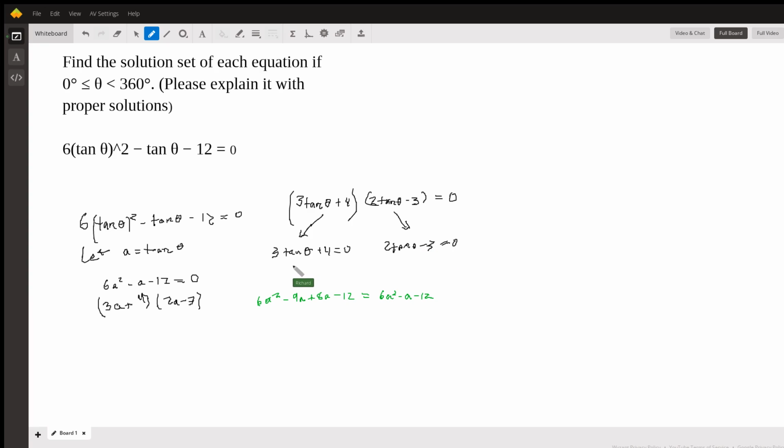And now we'll solve. This is going to give you the tangent of theta equals negative 4/3, and the other tangent of theta is going to give you 3/2.